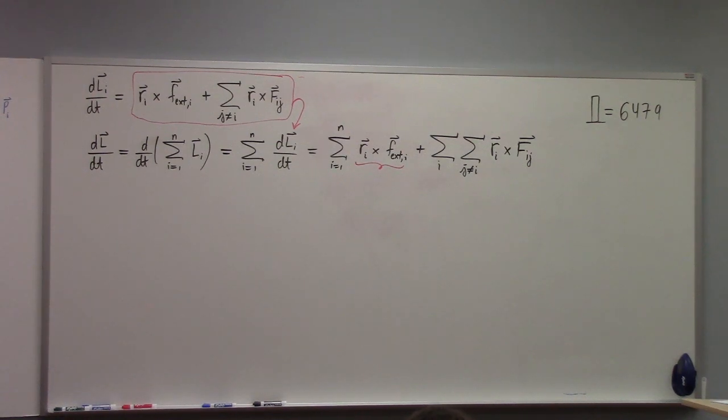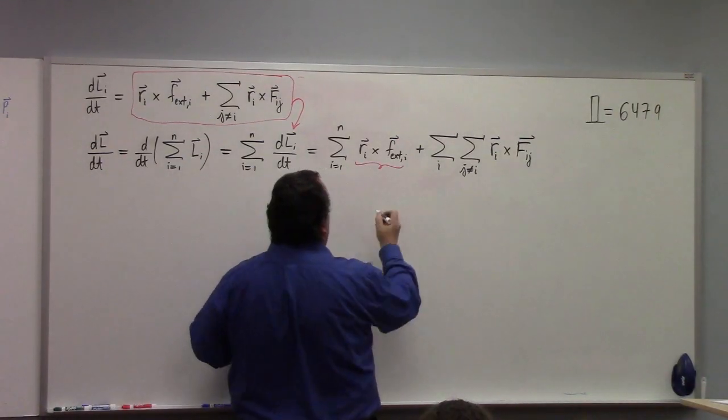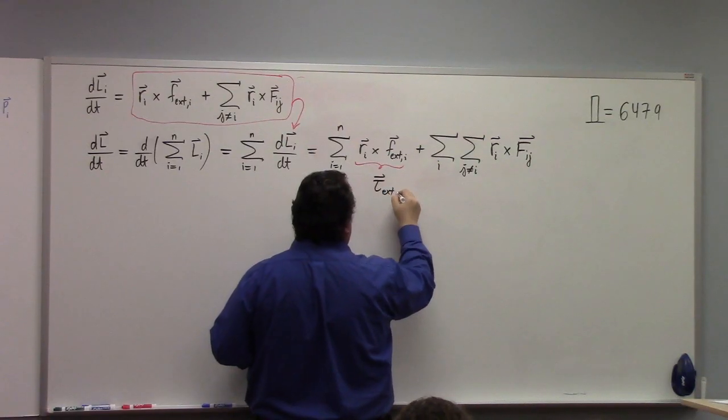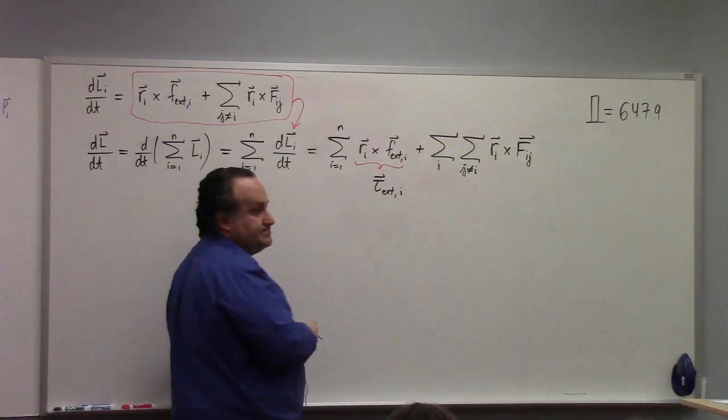If I talk about the net external force on the ith particle, and I take the cross product of the position vector of the ith particle with that external force, what is that? That's a torque, right? That's the external torque on the ith particle. So this right here, we could call it torque external on the ith particle.